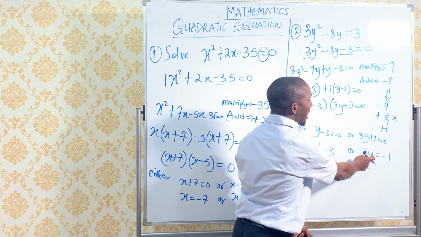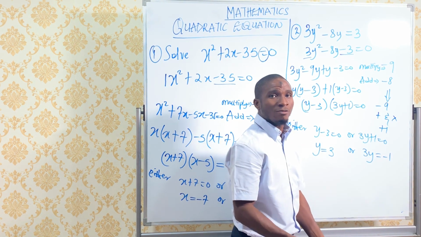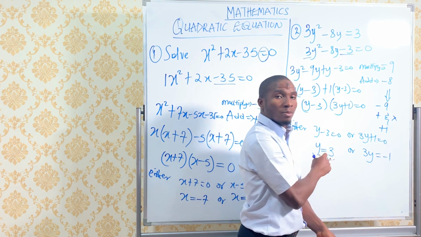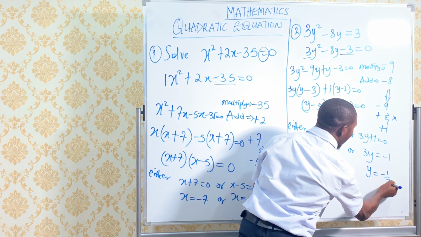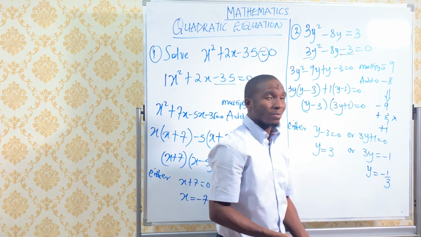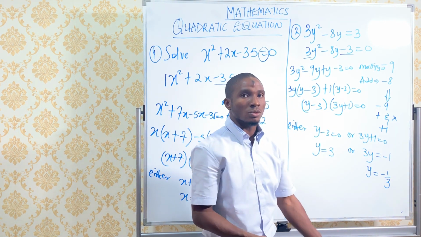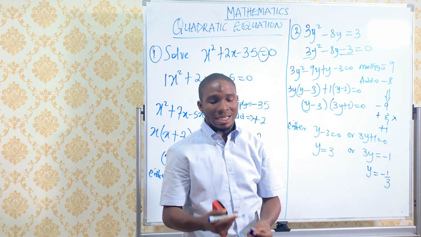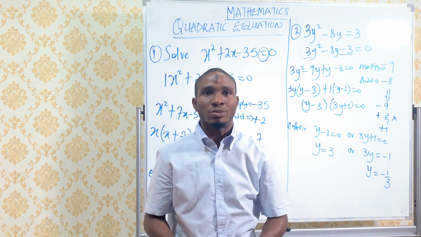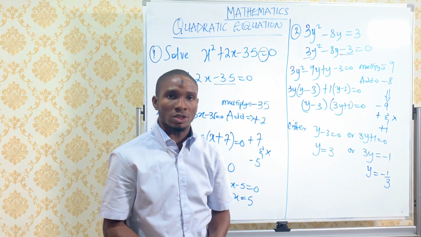Since we are looking for y, we divide both sides by the coefficient of y, which is 3. So y is equal to minus 1 over 3. So we have two answers for this question: y equals 3 and y equals minus 1 over 3. In our next class, we'll be looking at more examples on quadratic equation. Thank you.